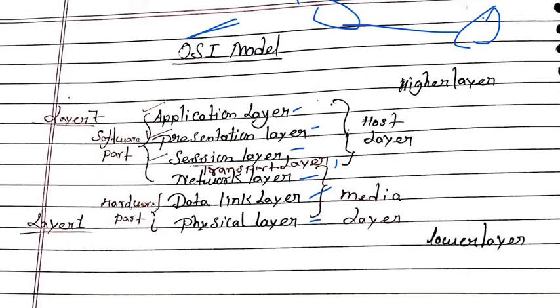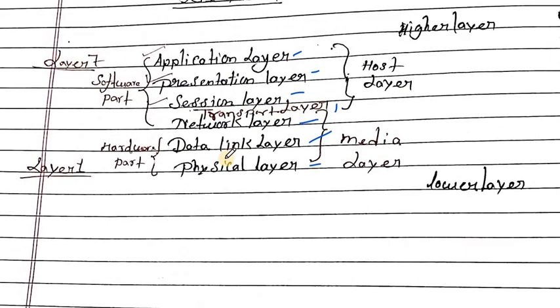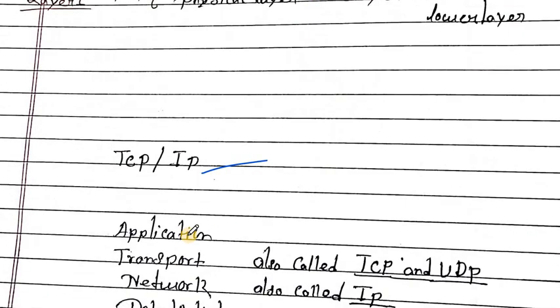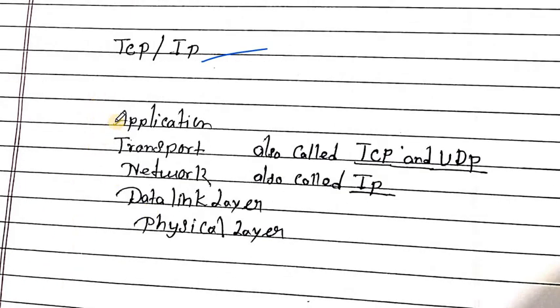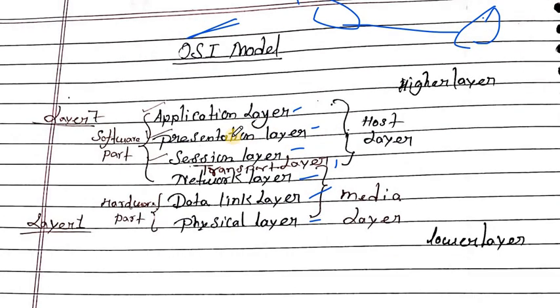In the OSI model, there are 7 layers. Actually, the OSI model is a theoretical model, not a fully practical model. The TCP/IP model is a practical model, practically implemented. So in OSI there are 7 layers: application, presentation, session, transport, network, data link, and physical layer.